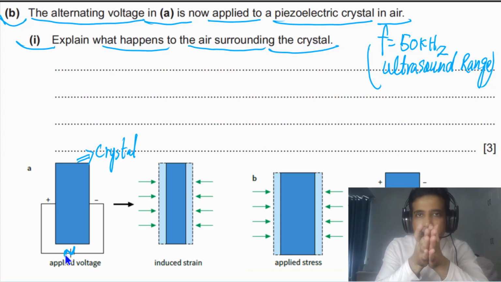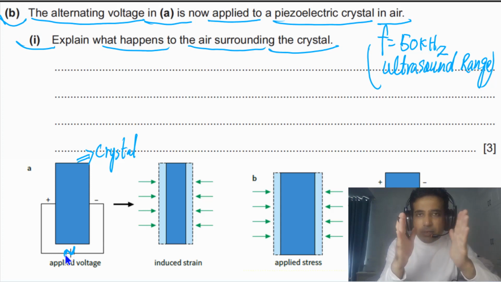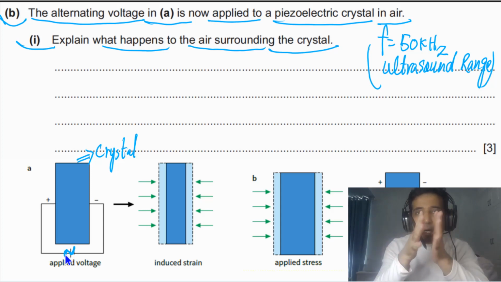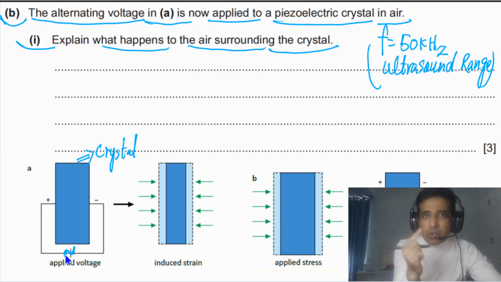So it will be compressed and it will expand, compressed, expand, compressed, expand. So the surrounding air also will be compressed with the same frequency, and it also will expand with the same frequency as the frequency of the alternating voltage, because the crystal is vibrating at the same frequency.